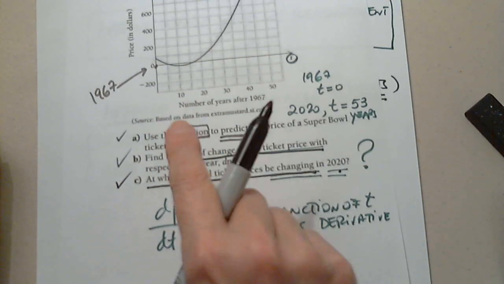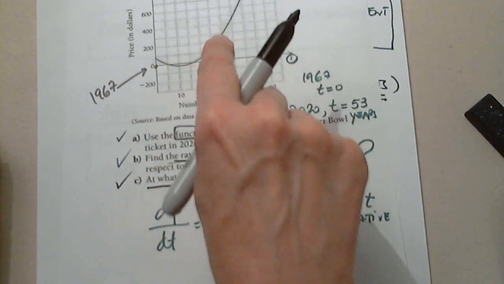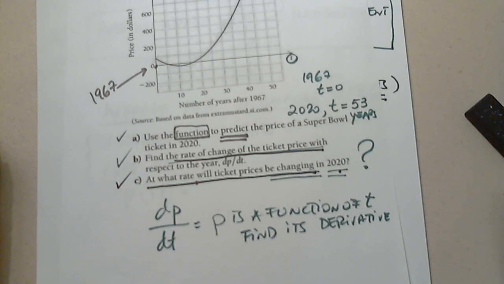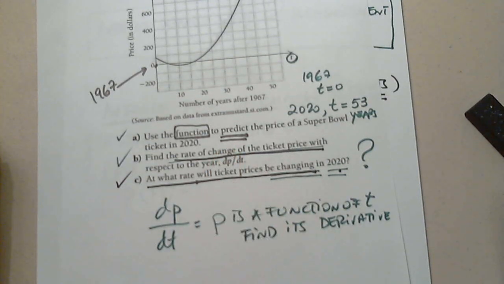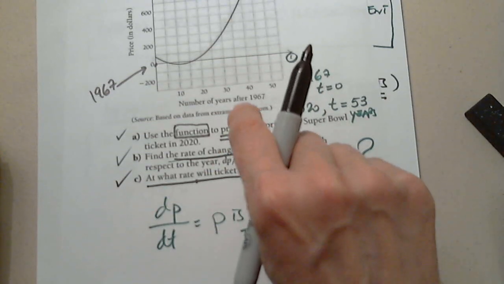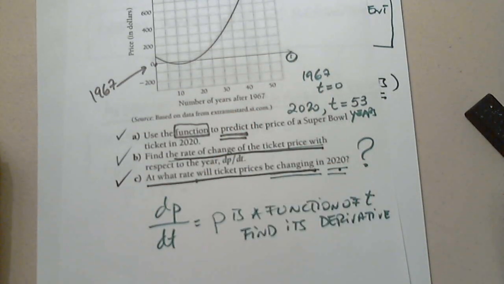Yes, please. This one says, plug in the function and give the price. This one says, find the function that gives the instantaneous rate of change. This one says, evaluate the function that gives the instantaneous rate of change. Should I repeat that? Yes, please. This one says, evaluate the function at 53.